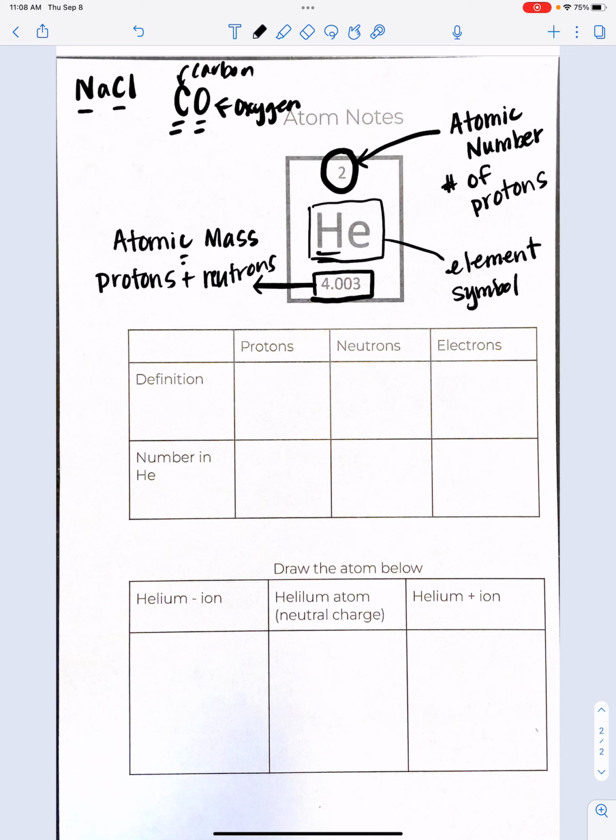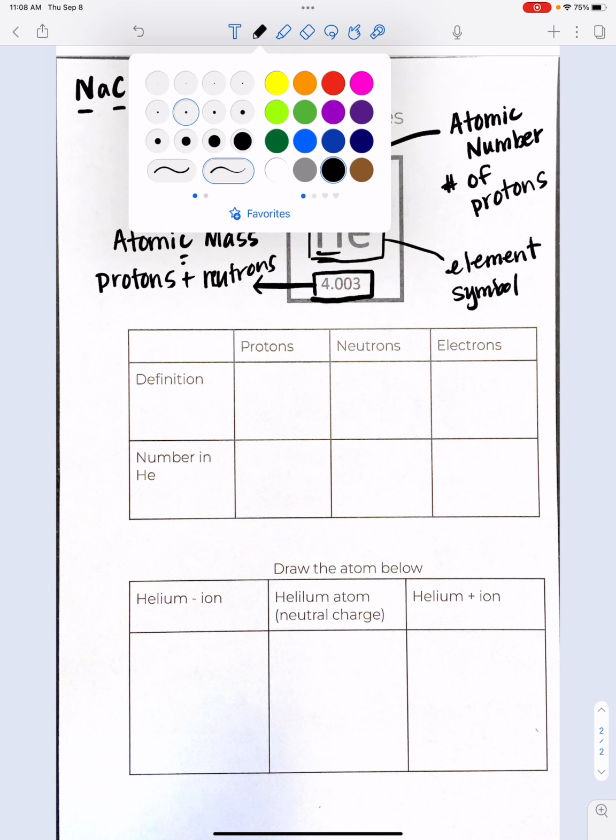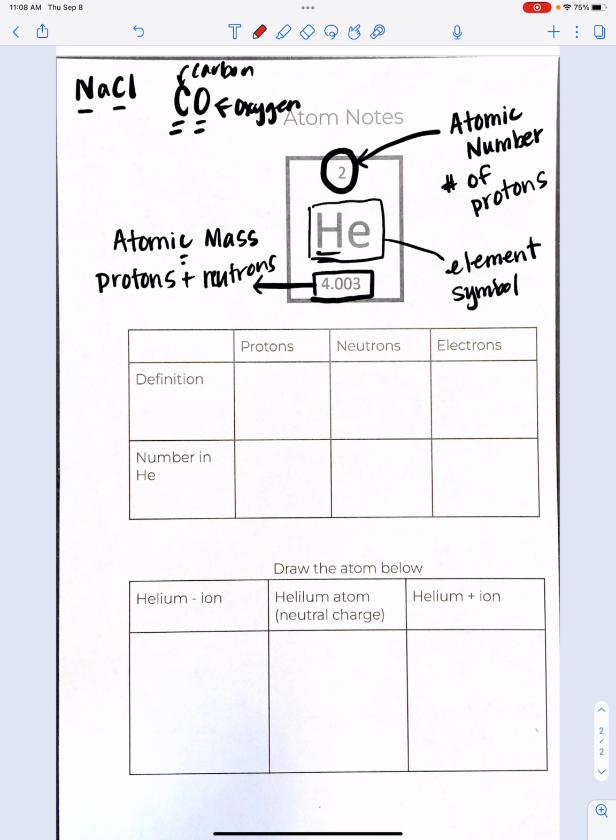So once you have all of these symbols, it can tell you a lot about how the atom is created. When we think about protons, a definition of protons is a positive charge particle.